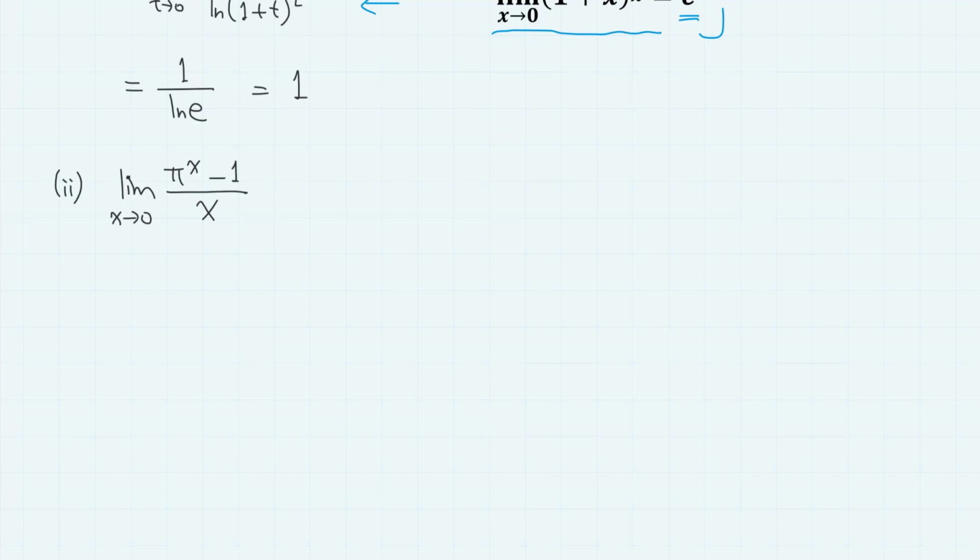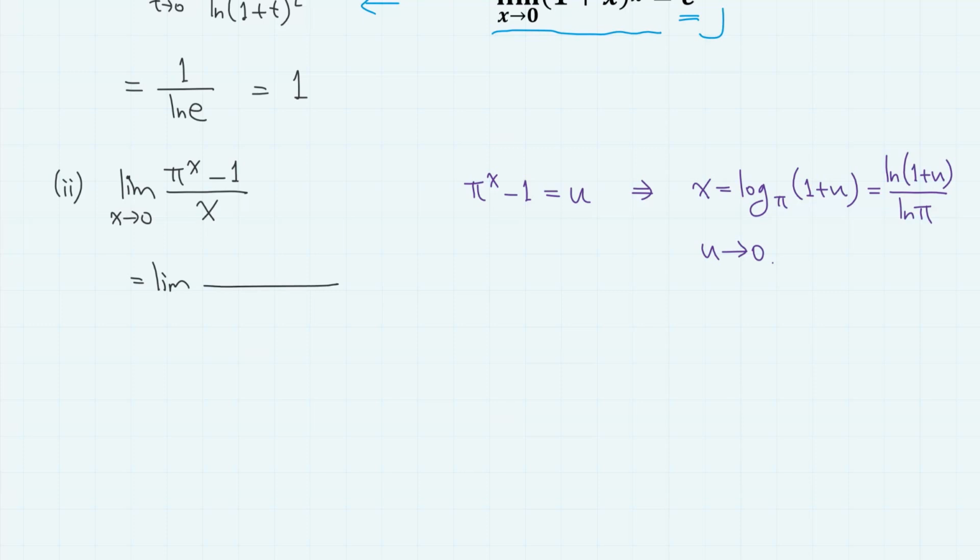We do the similar way. Letting pi to the power of x minus 1 as u, we have x equals now log base pi of 1 plus u, which is equal to ln 1 plus u divided by ln pi, and that u approaches 0. So we have the limit of u at the numerator and ln 1 plus u divided by ln pi at the denominator, and u approaches 0.